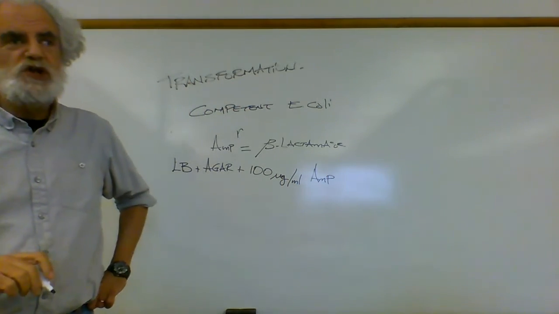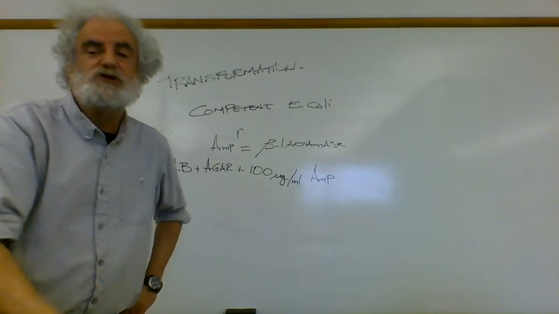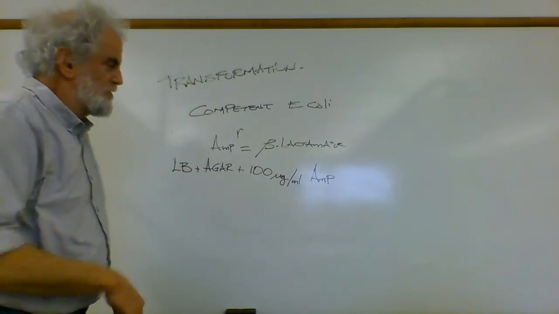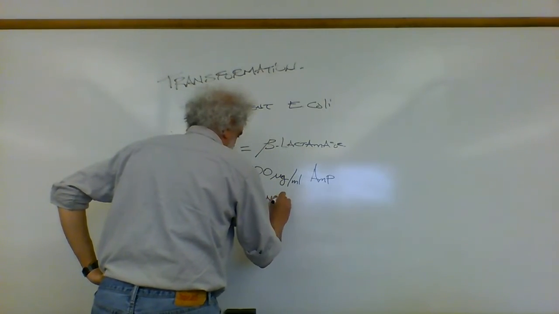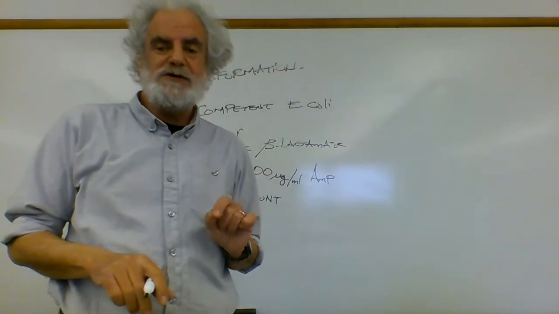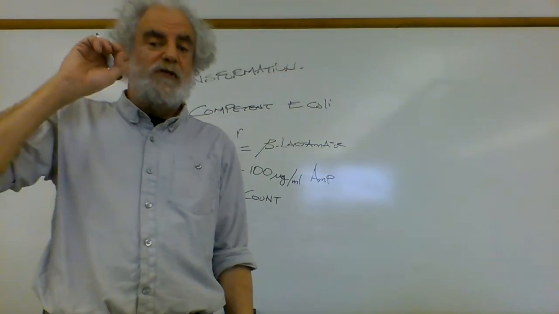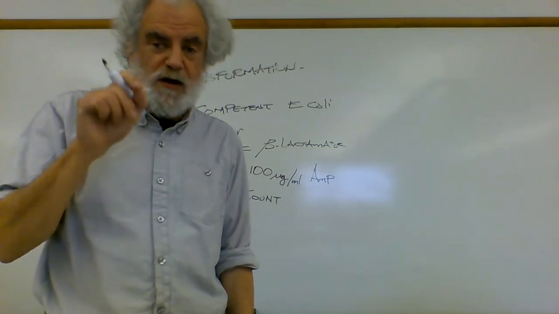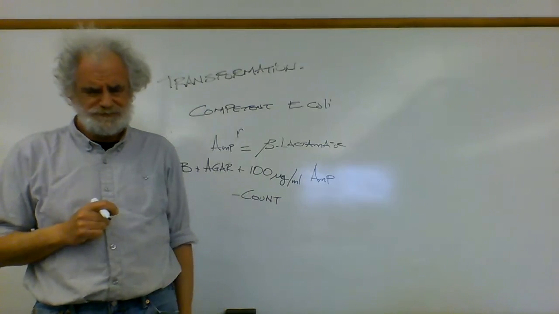And we're going to use these to select for those bacteria that took up the plasmid. So we'll grow them overnight, and then we will count. Like Sesame Street, the count. You'll count the number of bacteria you got, and we'll do a little bit of calculations to figure out the colony number per microgram. That is your transformation efficiency.